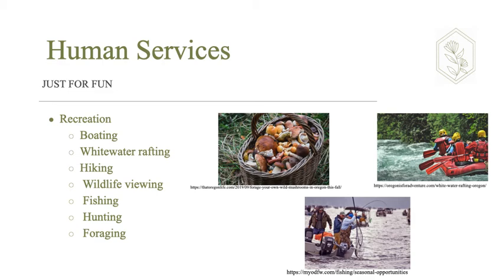Fishing and hunting and foraging I added here at the end because not only are these recreational for some people, but they're also necessary for survival. So I added a few pictures here. We have some mushrooms that people have hunted, fun whitewater rafting, and then some fishing on the Columbia River.